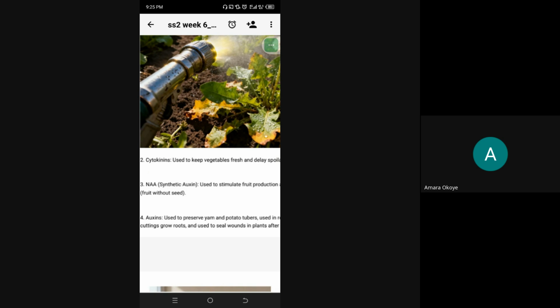Okay. Now, this naphthalene acetic acid, it helps in fruiting without fertilization. There are some plants that can produce fruits without undergoing fertilization, without undergoing sexual reproduction. Do you understand? So this particular type of fruit, they grow.